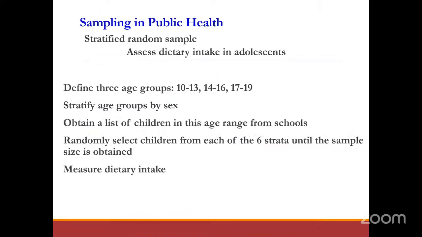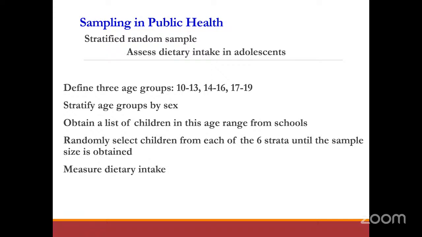Suppose here is the example of the dietary intake of adolescents. Most of the children aged 10 to 13 may have similar characteristics.